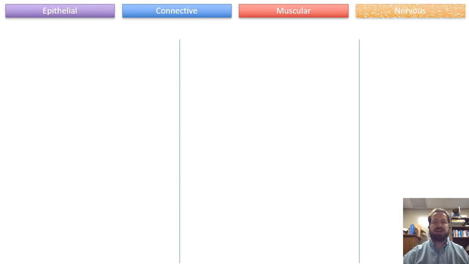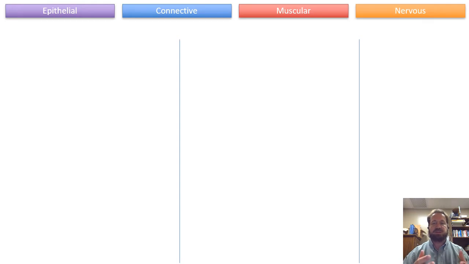Okay. Finally, nervous tissues collect sensory information and carry it into the central nervous system, where it is processed and decisions are made, and then commands are carried. The nervous tissues carry commands back out to muscular tissues, glandular tissues, other tissues that need to be told what to do.